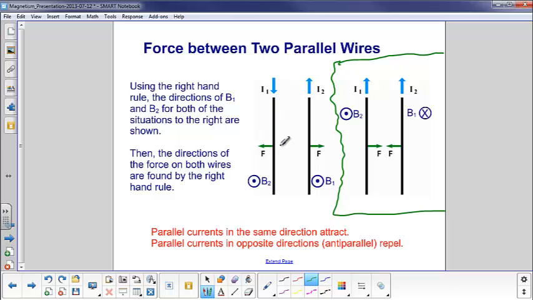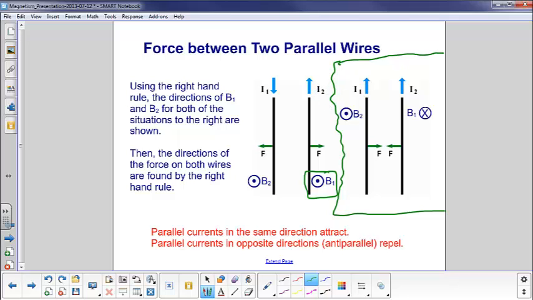If you put your thumb down, because the current in I1 is going down, you will find on this side it creates a magnetic field going into the page. So this is the magnetic field created by wire 1. So here's I2 in a magnetic field that's going into the board, and the current is going up.